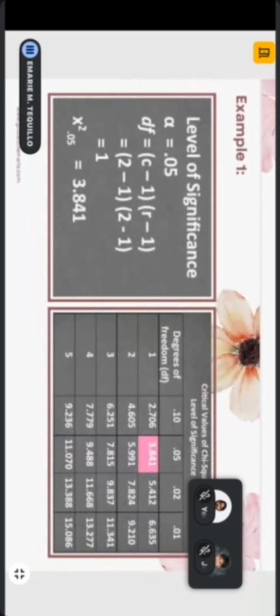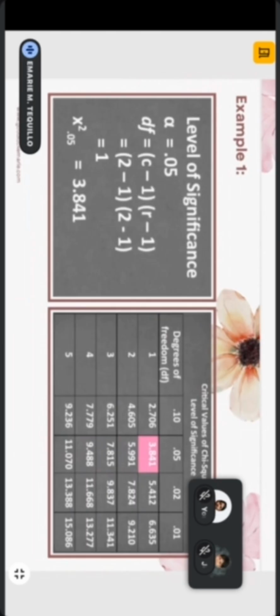So example 1, gikuha nato ang level of significance. Atong alpha kay 0.05. Ang degrees of freedom constant jud ni siya nga 1. So ang ato ang chi-square kay 3.841. Ako na ning gi-state sa another slide nga always jud siya nga 3.841 if atong alpha kay 0.05, since ang atong degrees of freedom kay is always 1.